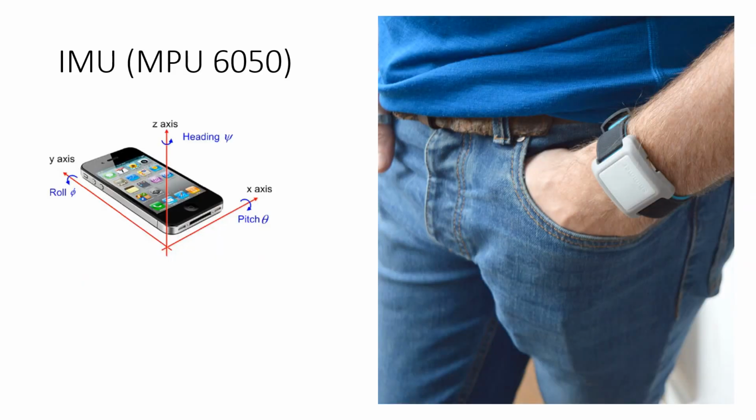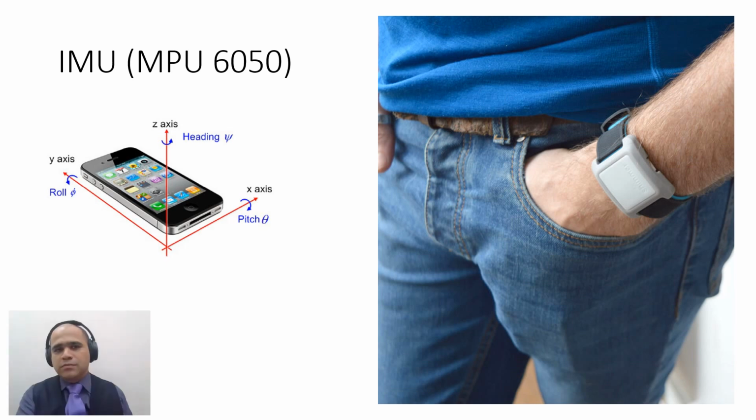But sir, I have a doubt. What is an IMU? IMU or MPU 6050 is the most popular sensor seen nowadays, and it is used inside devices like cell phones or smartwatches. It's a combination of accelerometer, gyroscope, and magnetometer.